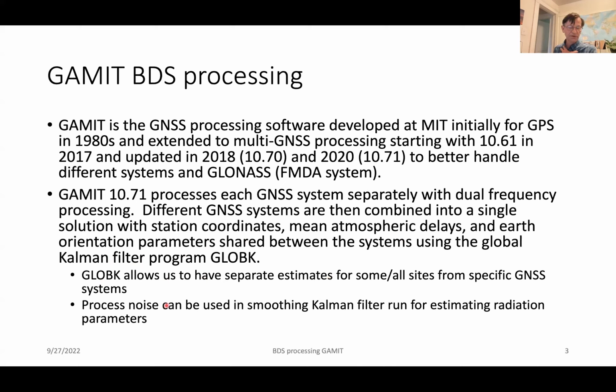And finally, in the GLOBK solution, when we're doing orbits, we use a smoothing Kalman filter for a week of data, typically, in which the radiation pressure parameters we're estimating can be treated stochastically with day-to-day constraints applied to help smooth out the orbit determination.